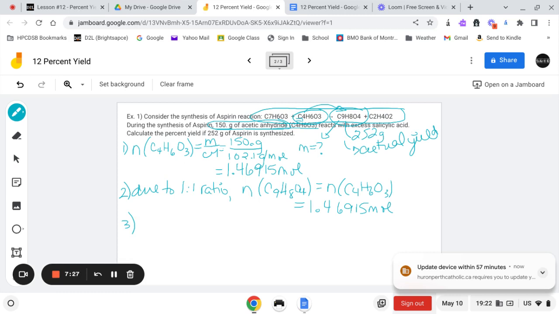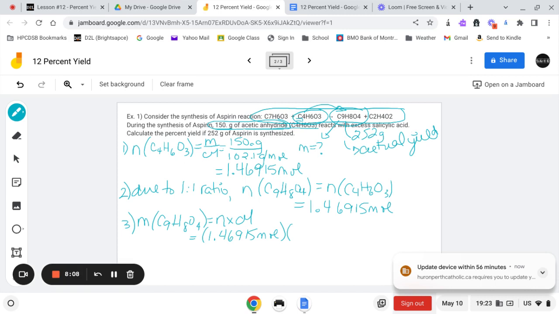Then I'm going to do a third step, and I'm going to take those moles of aspirin, and I have to figure out the theoretical yield. So how much aspirin should I be obtaining if this experiment goes perfectly? So we're going to take moles times the molar mass. We know the moles, 1.46915 moles. And then we need to calculate the molar mass of aspirin. So we've got 9 carbons, 9 times 12.01. We're going to add on 8 hydrogens, so that will be plus 8.08. And then we're going to add on 4 oxygens.